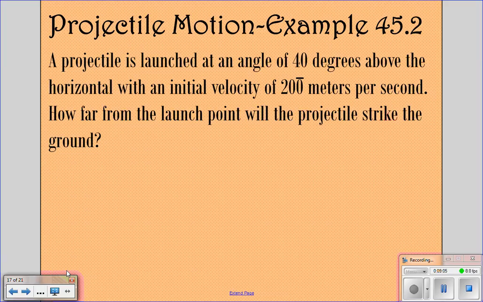And so what we actually need to do on this one, since it's not horizontally launched, is that we have both a horizontal and a vertical velocity. And so we have our projectile here, and it went this direction.